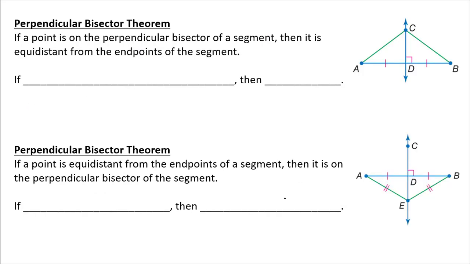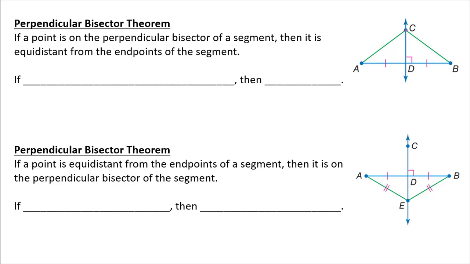Perpendicular bisector theorem. Again, I'm going to try and pause at the end of this slide, but make sure that you pause the video and write down the important information from this. Okay, perpendicular bisector theorem. If a point is on the perpendicular bisector, then it is equidistant from the endpoints of the segment.